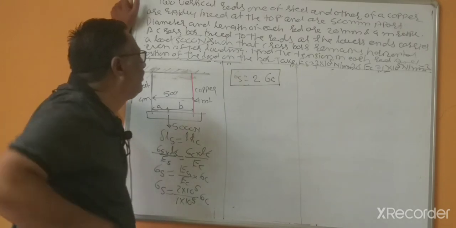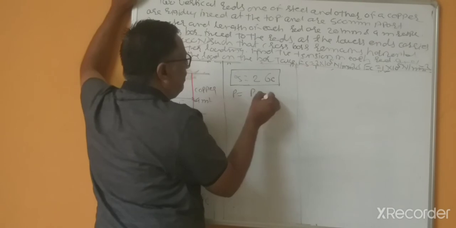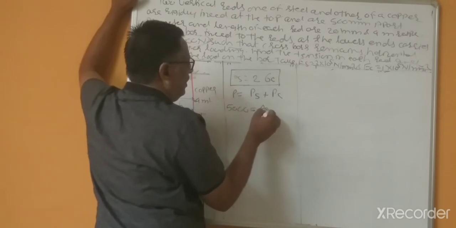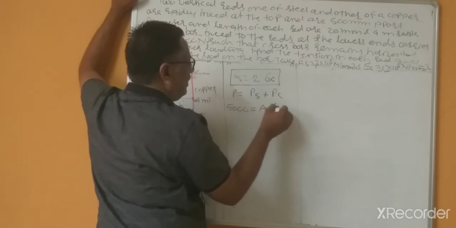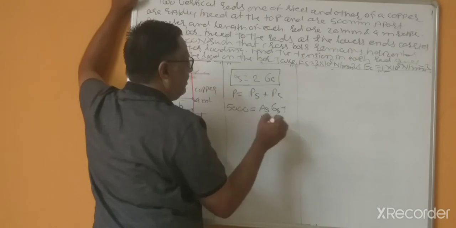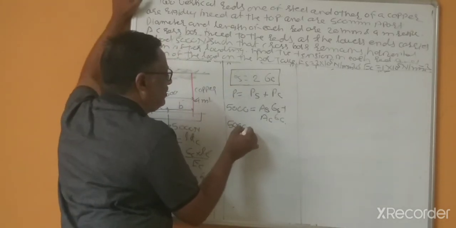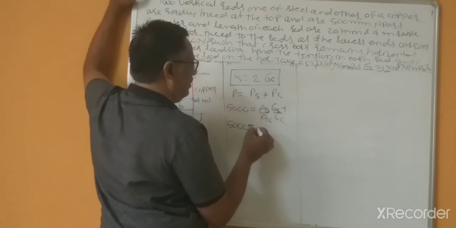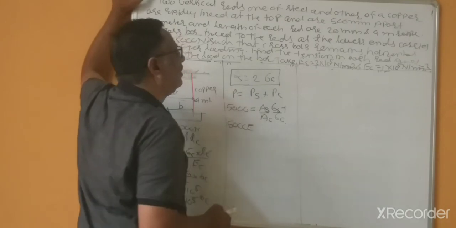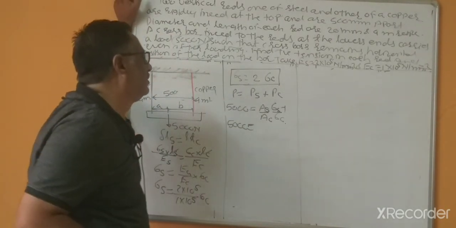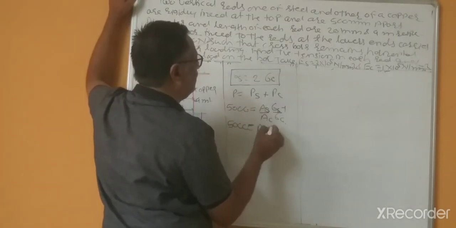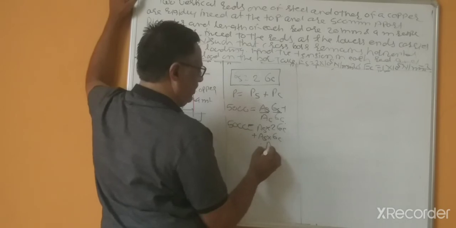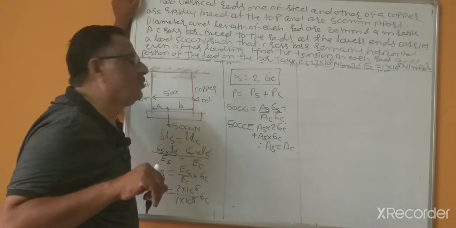So what is the next step? P equals load shared by steel plus load shared by copper, which is area of steel times sigma S plus area of copper times sigma C. So 5,000 equals AS into 2 times sigma C plus AS into sigma C, since AS equals AC. This is clear?